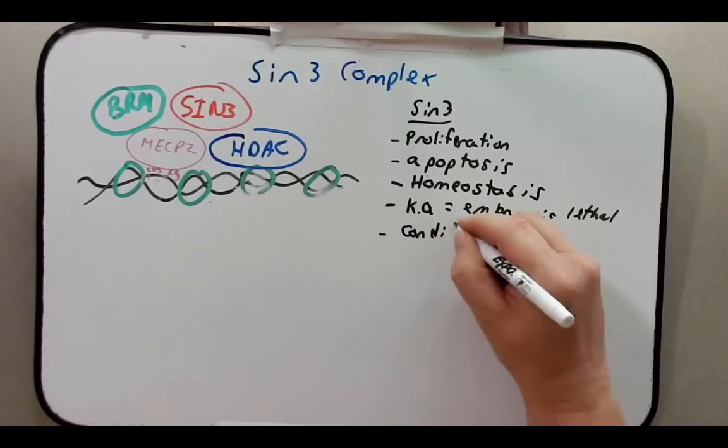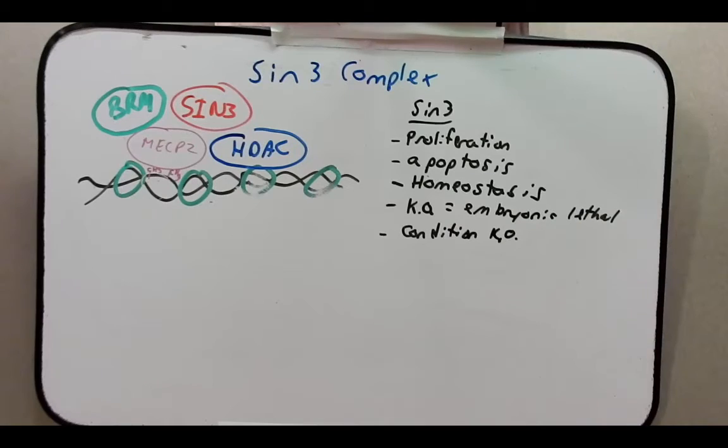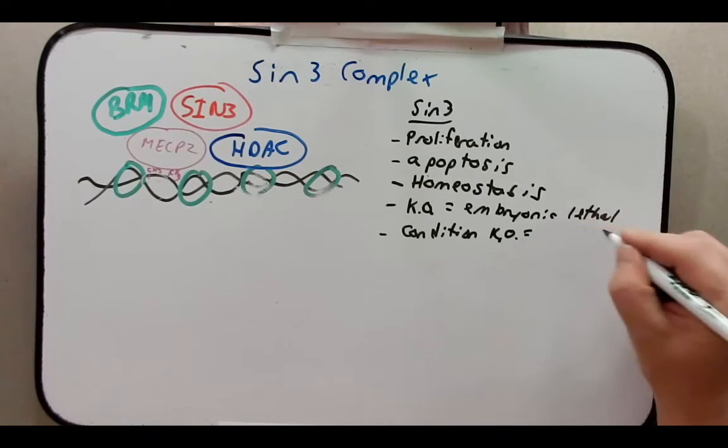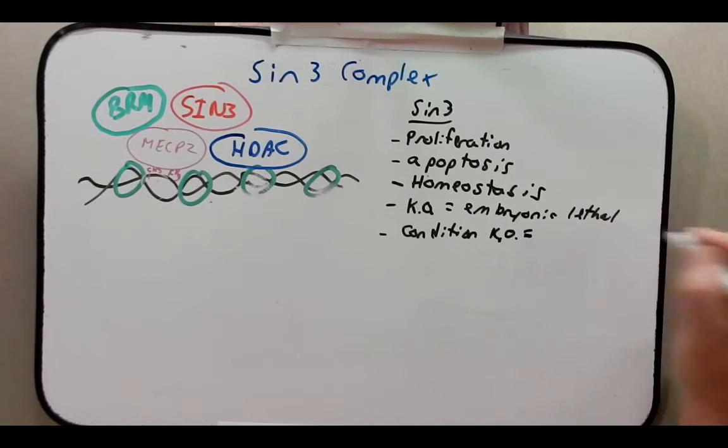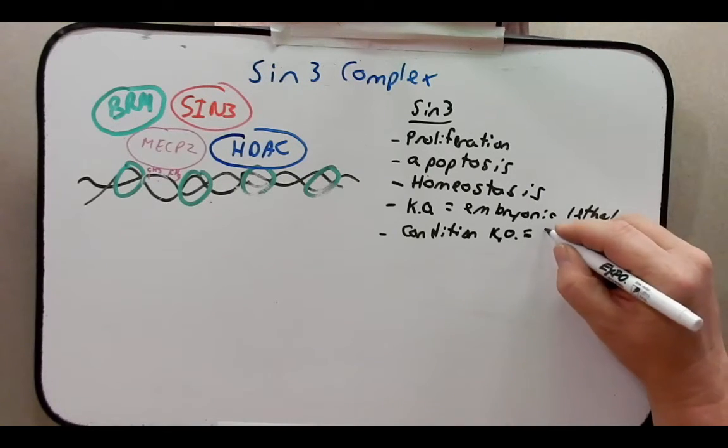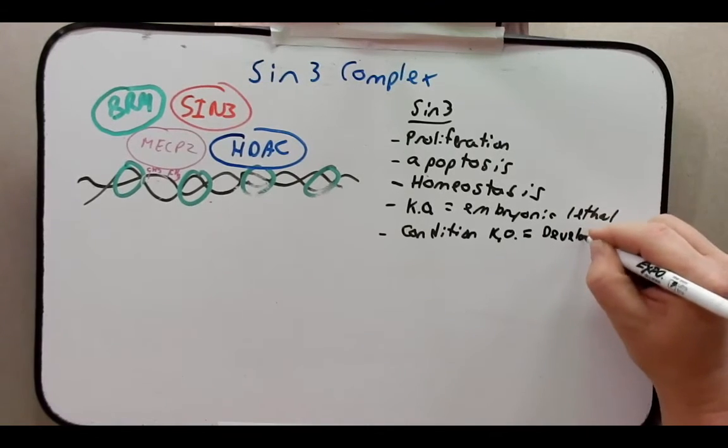A conditional knockout, which is simply a knockout that under some growth conditions or under some developmental conditions the gene will not be expressed, but under other conditions it will be expressed. Or sometimes they're just expressed at, say, half the rate, not quite full expression, but knocked down just a little bit. And in these cases here, with a SYN3 conditional knockout, we see developmental defects.